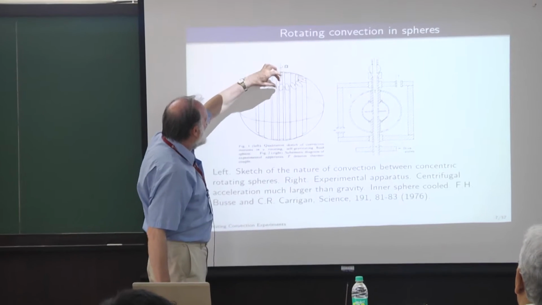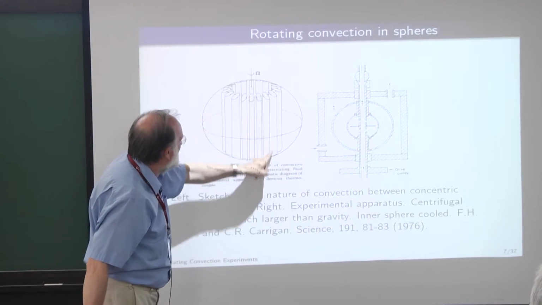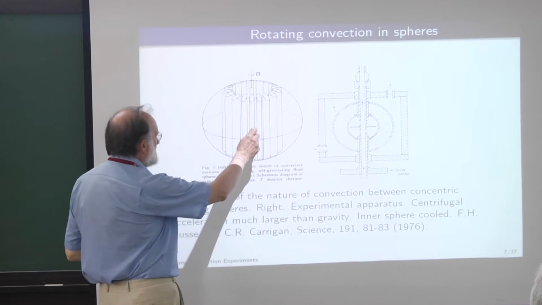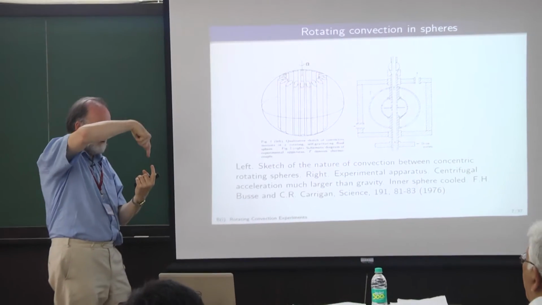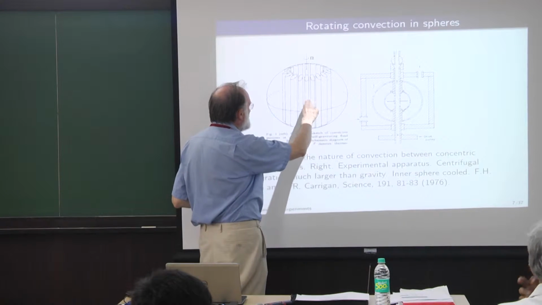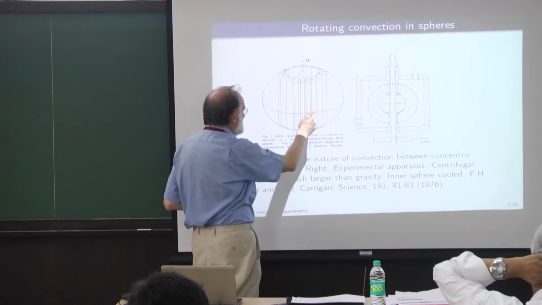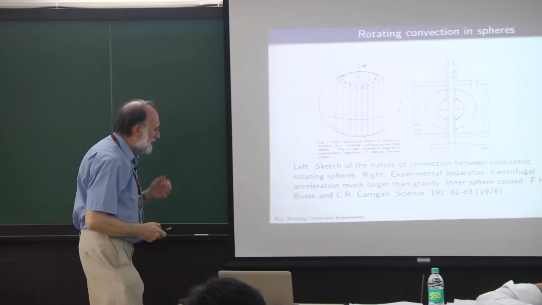Somewhere in the middle, you get these long, thin columns developing, so that the heat is being transported by rotational motion along these columns, which is spiraling up. The fluid motion spirals up the column, goes over and spirals down an adjacent column, and spirals up from there and in from there.